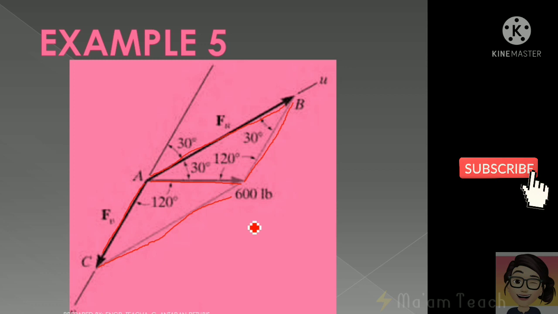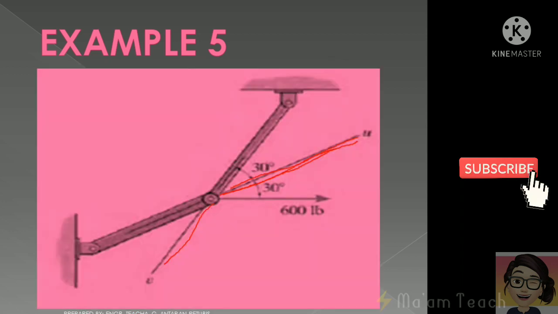Take note also, class, that the unit used here is British Engineering, or the FPS. So we will be using pound, not the Newton, as our unit of force. Earlier, our value of the angle is 30 degrees with respect to the u-axis, and we have 30 degrees also with respect to this structure here.